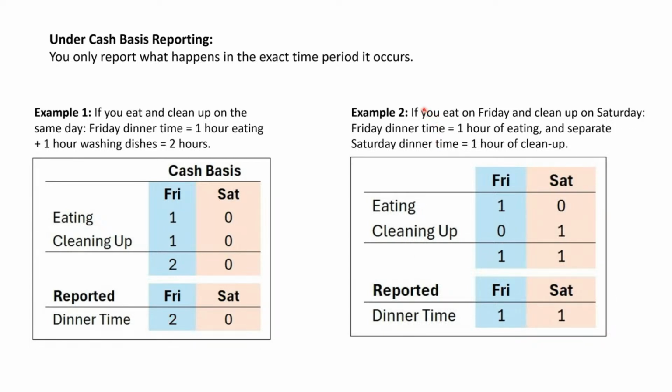However, in example two, if you eat on Friday and clean up on Saturday, your dinner time would be Friday 1 hour of eating, and separately Saturday dinner time 1 hour of cleanup, right? So it will look like 1 hour you're eating, and then another hour you're cleaning up. In the report, under dinner time, we don't know anything else. It looks like you had dinner time 1 hour on Friday, 1 hour on Saturday.